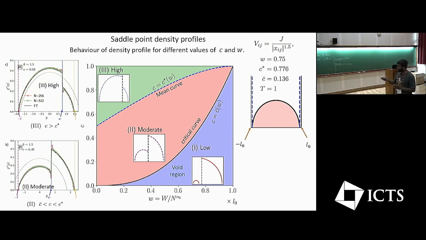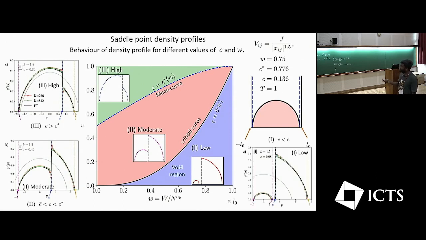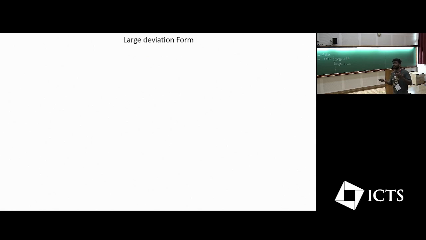When it touches this line, the density profile touches the wall. And if you go slightly lower than that fraction of particles, we get a hole region here. This hole region has an interesting feature which I'll discuss, and we compare it with Monte Carlo simulation, and we do get the result.